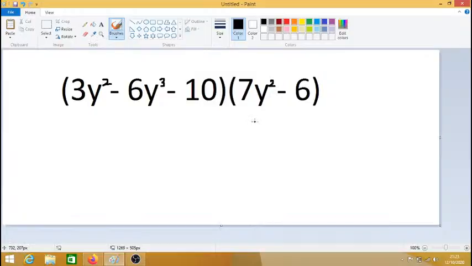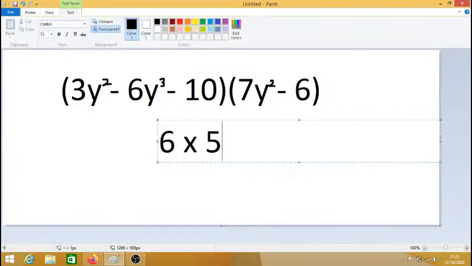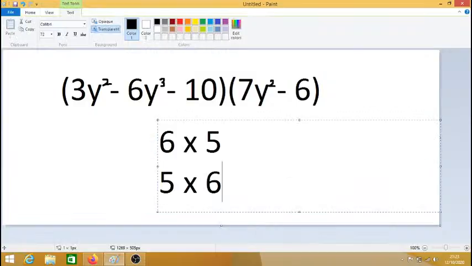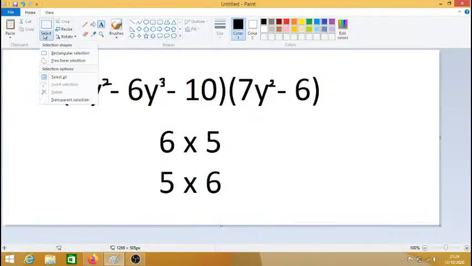So imagine you had a question like this. The first bracket's got 3 terms, and the second bracket's got 2 terms. There's a times sign in between, so it's just like the 6 times 5, say. You can change that around to 5 times 6 and the answer is going to be the same.